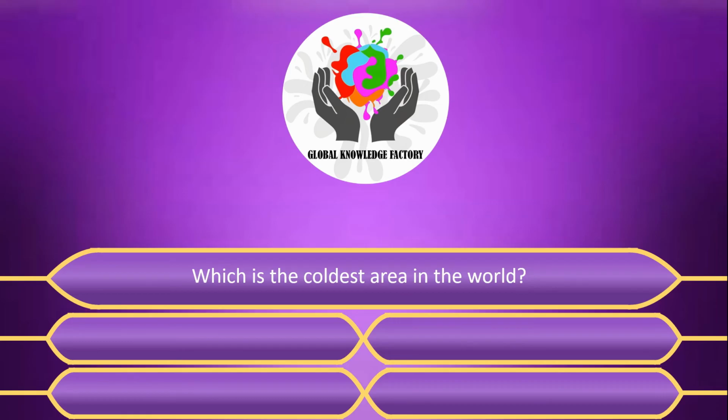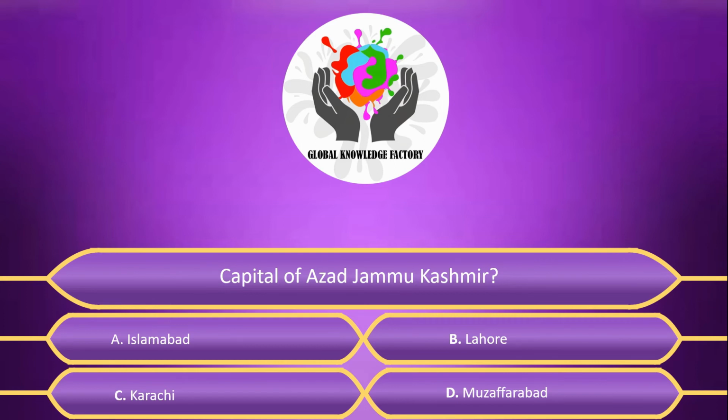Which is the coldest area in the world? Answer is Siberia. Capital of Azad Jammu Kashmir? Answer is Muzaffarabad.